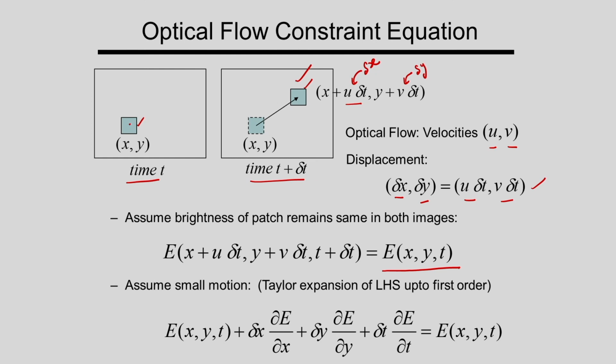Since the same patch is moving to another position at time t plus delta t, there will not be any brightness change. So the brightness will be E of x plus u delta t, y plus v delta t, at time t plus delta t. The brightness will remain the same.